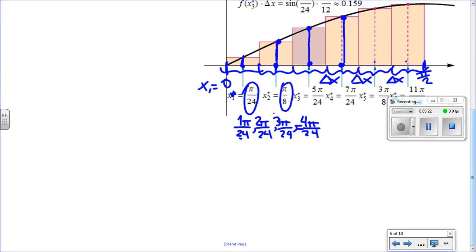Which one is it? Oh, here. Okay, so that's the one, right? Pi over 8. Yep.